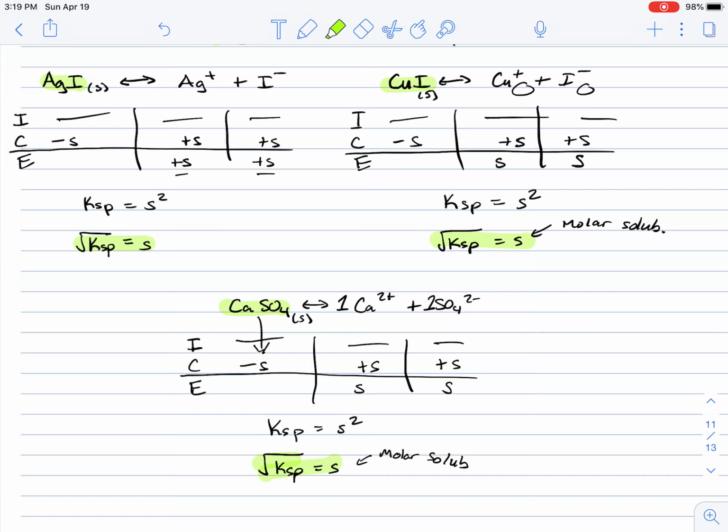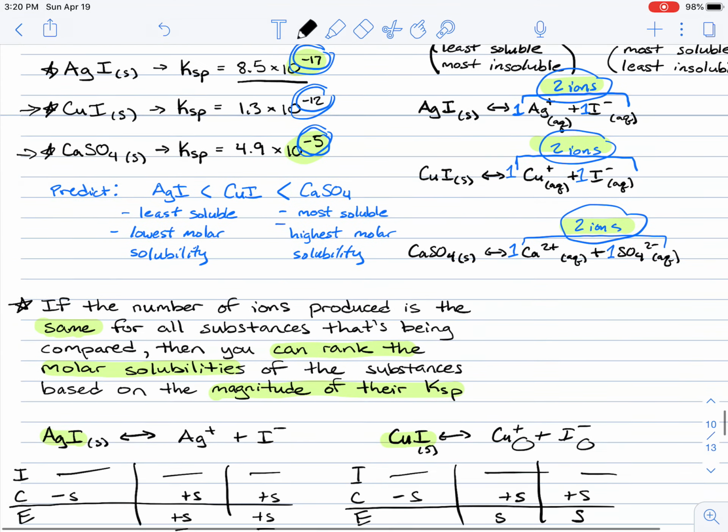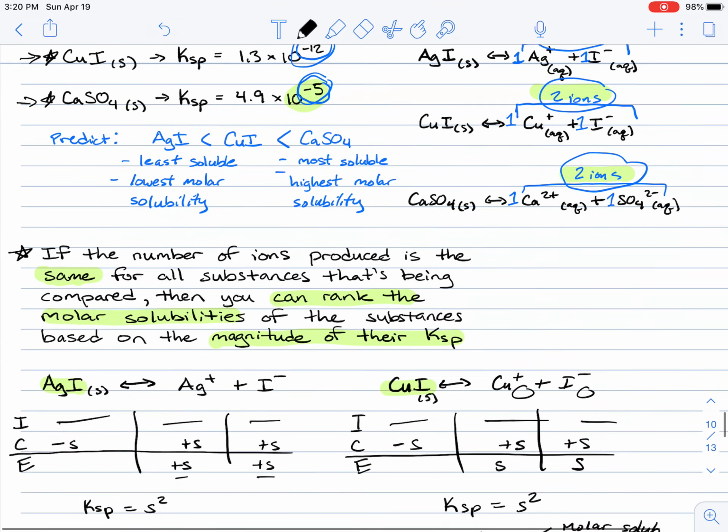Okay. And so let me go ahead and solve this all the way through, just so that you guys can see the actual numbers. So here you have 8.5 times 10 to the negative 17 for silver iodide. Okay. So I'm going to take the square root of 8.5 times 10 to the negative 17.